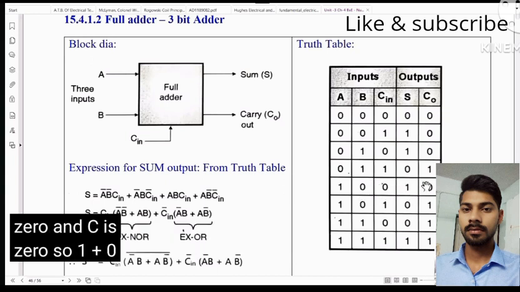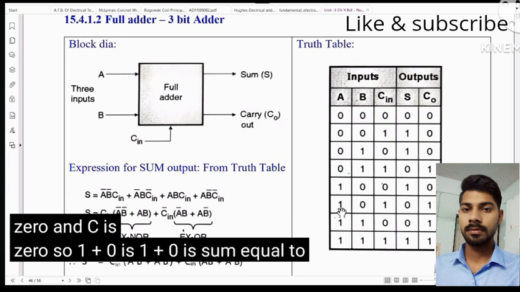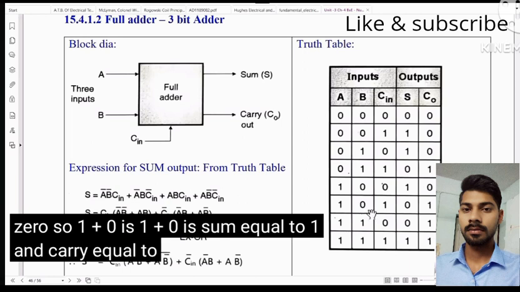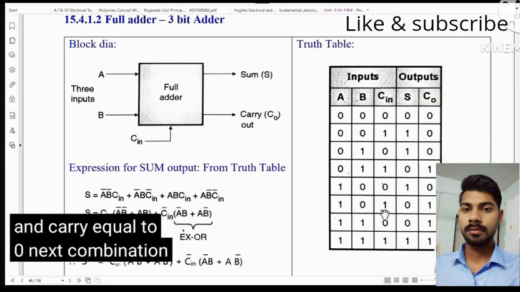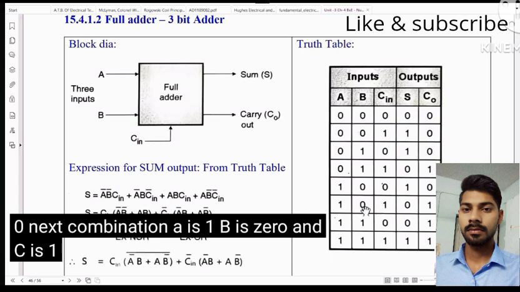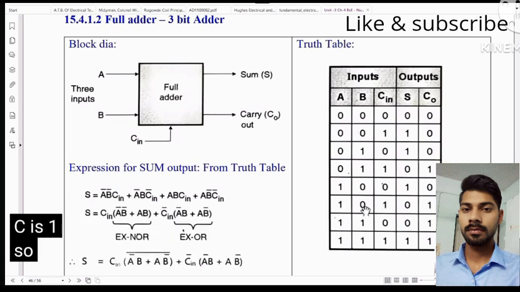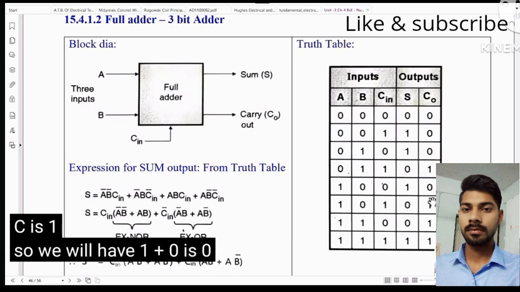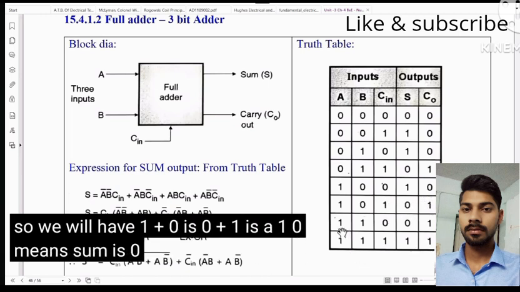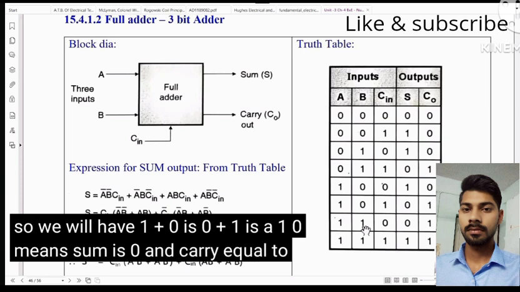So 1 plus 0 is 1, plus 0 is sum equal to 1 and carry equal to 0. Next combination, A is 1, B is 0 and C is 1. So we will have 1 plus 0 is 1, plus 1 is 1 0. Means sum is 0 and carry equal to 1.